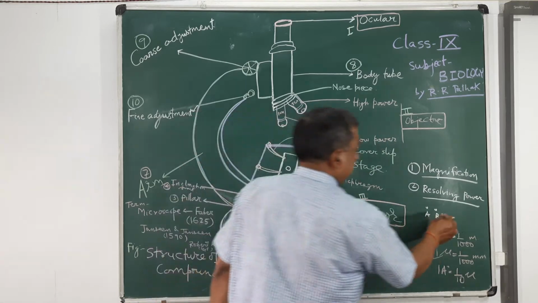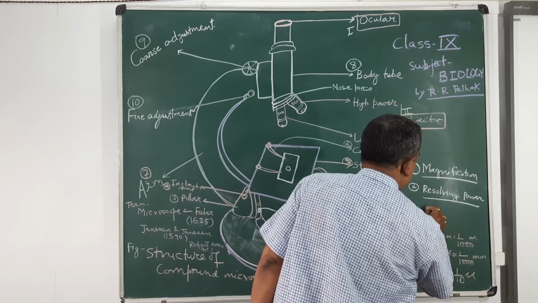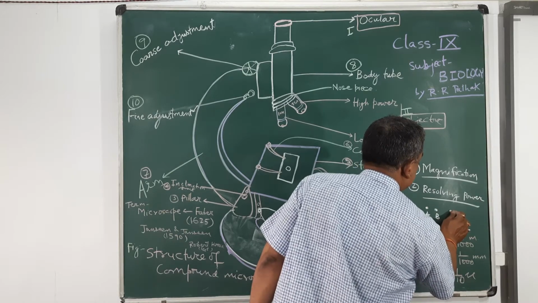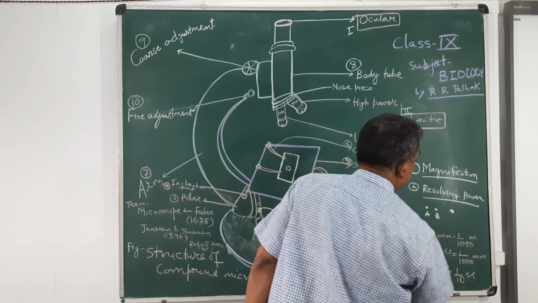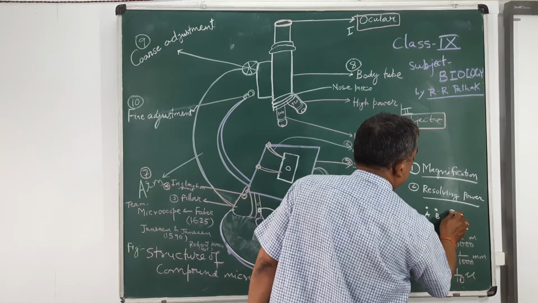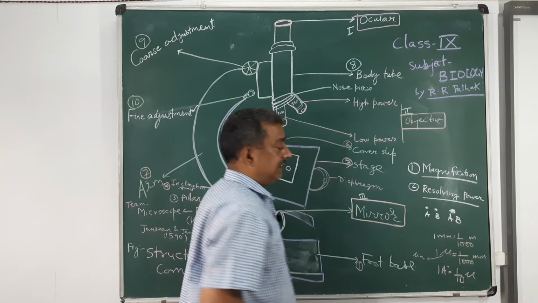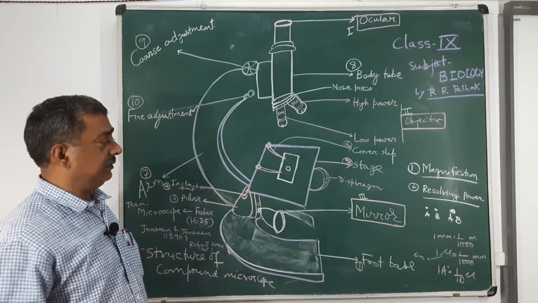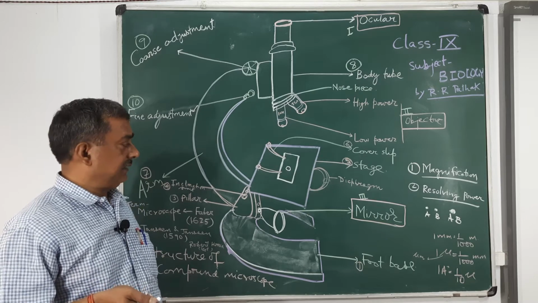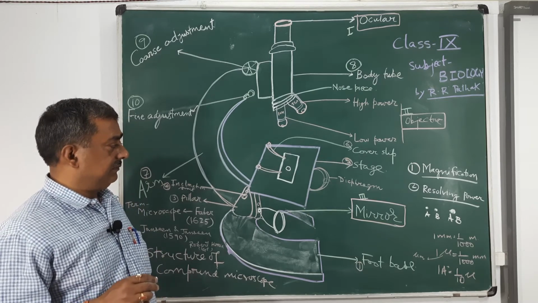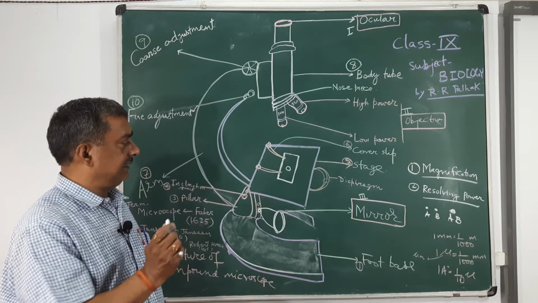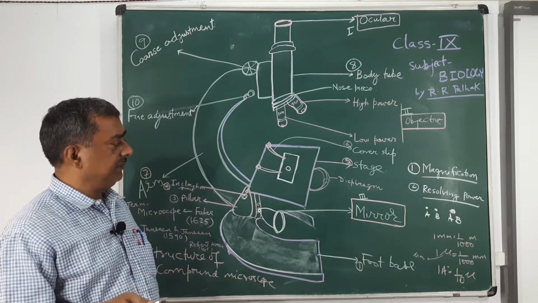They are visible by the naked eye very clearly, but another two objects, A and B, are located here and are not separated. They can be distinguished with the help of a microscope. So the human eye also has resolving power, and various types of lenses are used for resolving power.